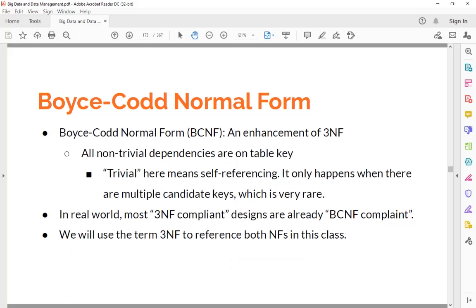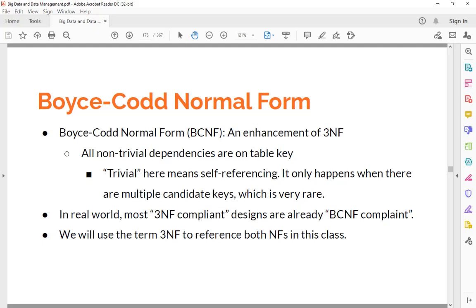Now, BCNF only happens when you have multiple compound candidate keys. You have multiple candidate keys and they are all compound, and then you might have an issue with BCNF. This is very rare. Usually in the real world, most third normal form compliant designs are already BCNF compliant.